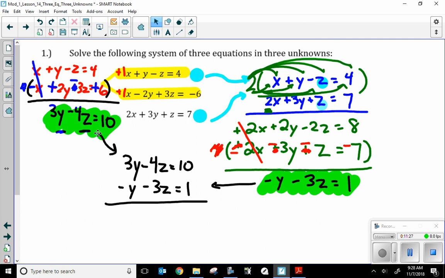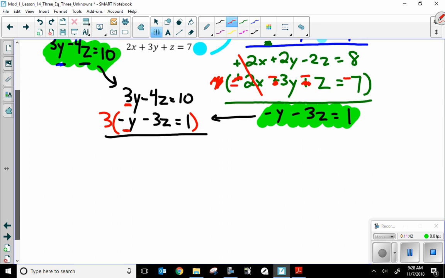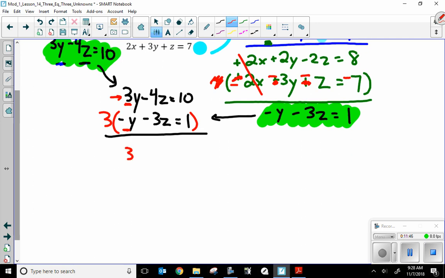I'm going to choose to get rid of the y, which means I have a 3y here. I would like a 3 in front of this y. So I'm going to multiply everything in here by 3, and I'm going to rewrite my equations. Okay, so the first one, I'm just going to rewrite it. I have 3y minus 4z equals 10. The second one, I now have to distribute that 3.